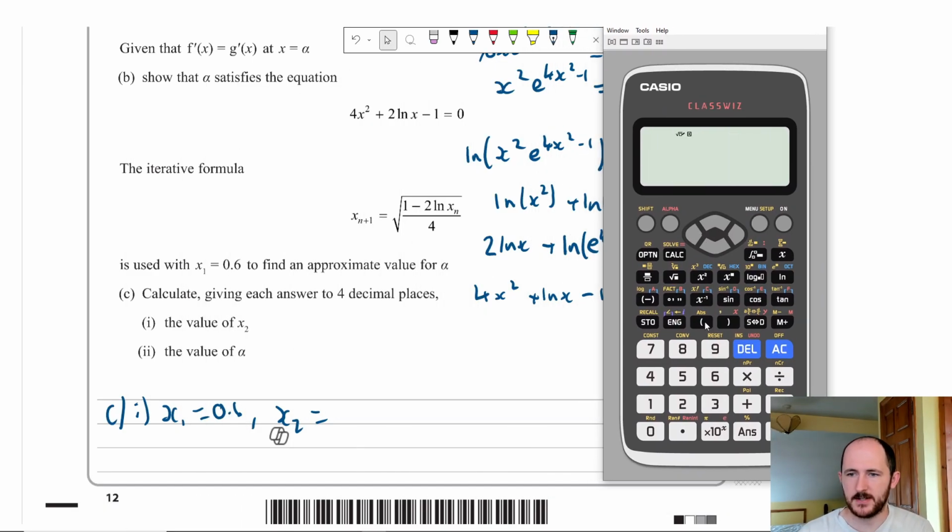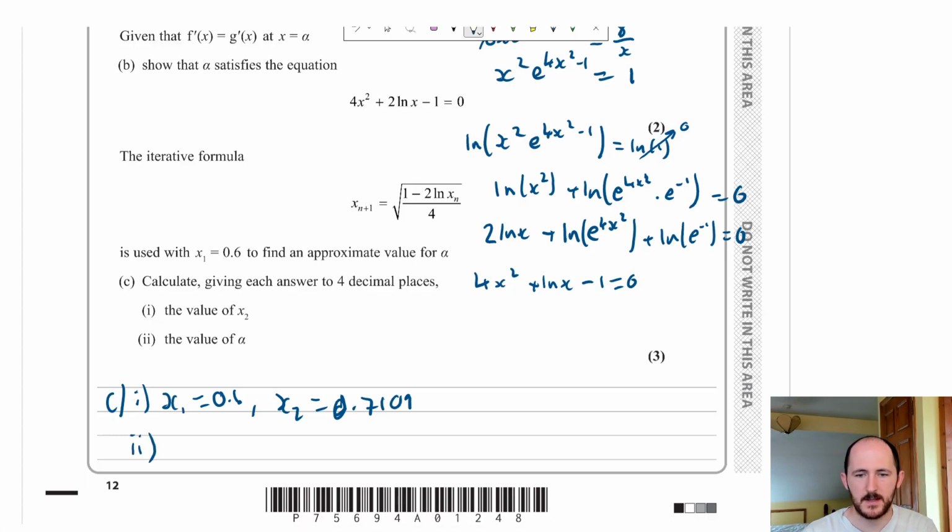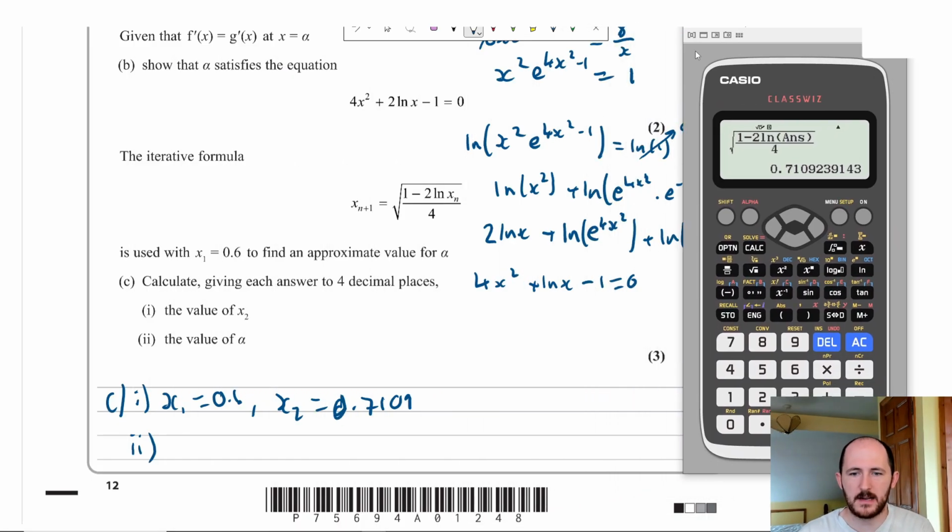Just like we did iteration back in GCSE, I'm going to sub in 0.6. Equals. Then we're going to do square root of 1 minus 2 ln answer over 4. I'm going to press it once and write that to 4 decimal places, which is 0.7109. And then for part 2, we want the value of alpha, right?